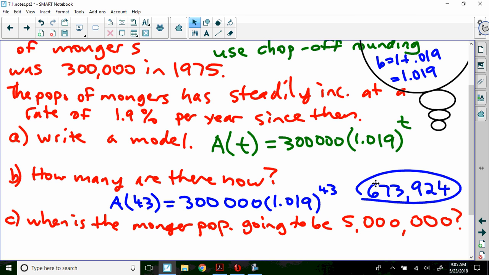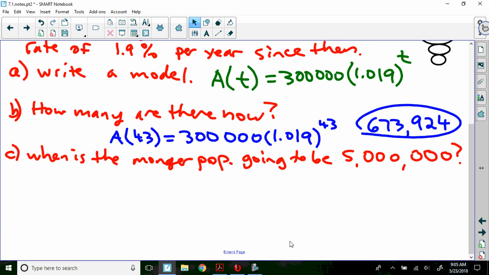So part C, trying to solve that, is why I love the TI Inspire. The TI Inspire does this better than any calculator I've ever seen. For part C, we could write an equation if we want to. Maybe we do.